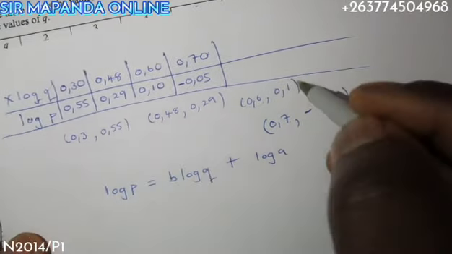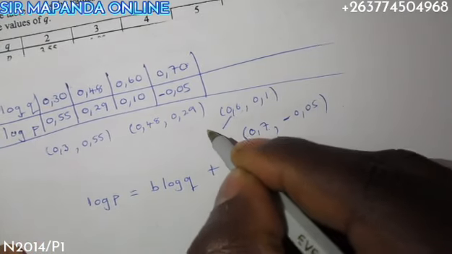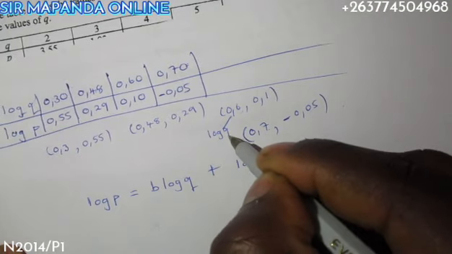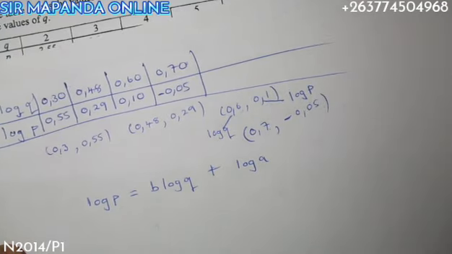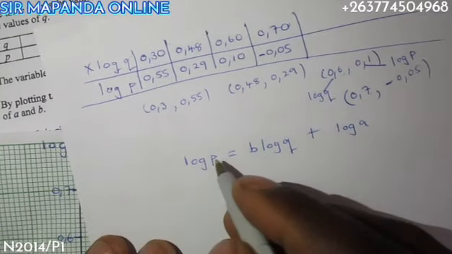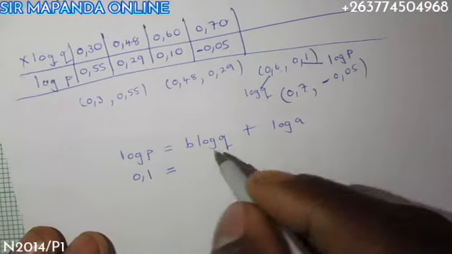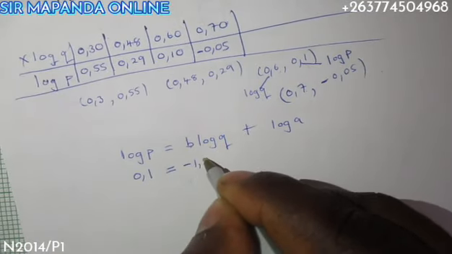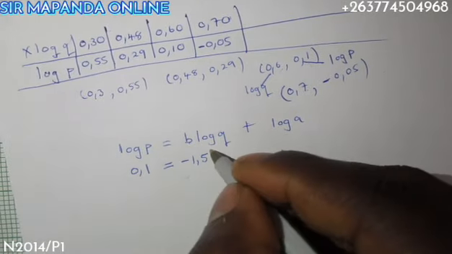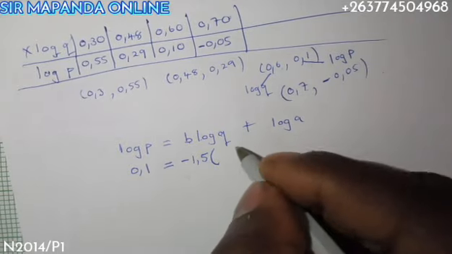So I'm going to use 0.6 to represent log Q, 0.1 to represent log P. So on log P, let us put 0.1. Then B is the gradient, which is minus 1.5. We found it in part A. Open bracket. On log Q, put 0.6.